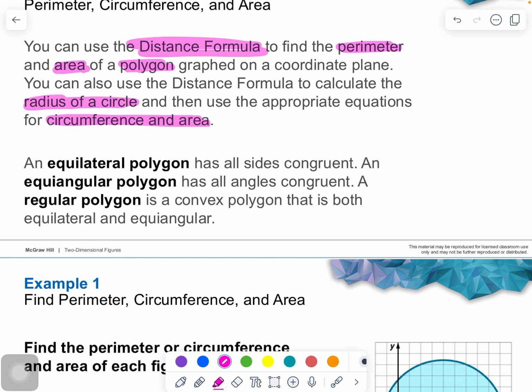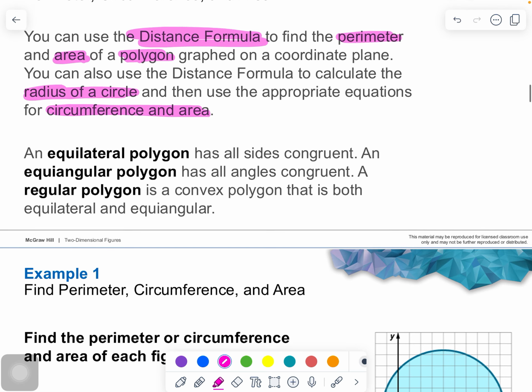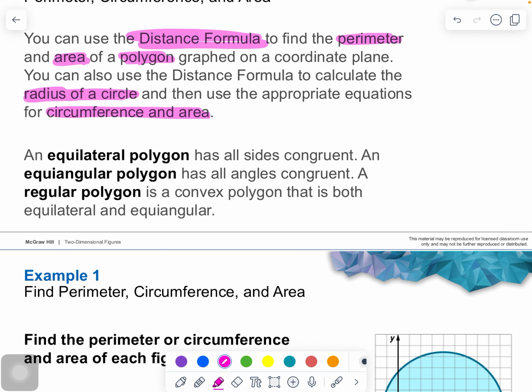And a few more things we can write down here. If we have all sides congruent, we call that an equilateral polygon. Now that comes from this word, the lateral, lats, that means your side, and equal means equal sides.